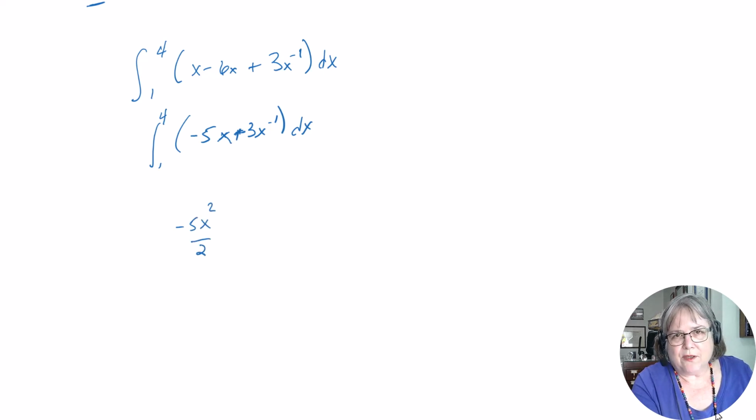Now, like I mentioned just a minute ago, if you take this 3x to the minus 1 and you add 1 to the power, you'd have 0. And then when you divide by the new power, you would be dividing by 0, and that's illegal, undefined, right? So you have to sit here and go, there must have been a pattern, something that I took the derivative of and got an x to the minus 1. And if you remember, the derivative of the natural log of x is 1 over x, right?